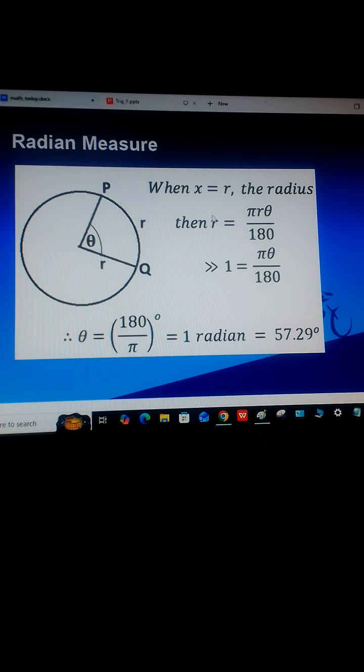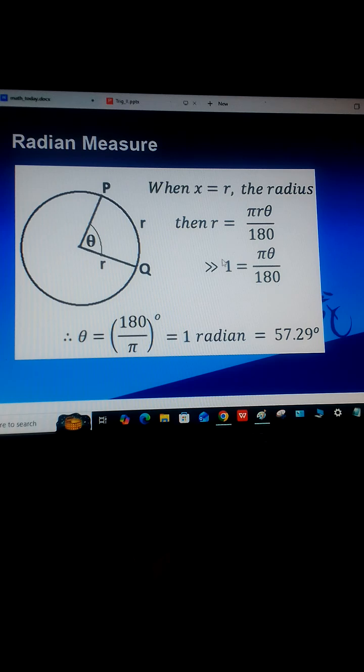Now, if we divide both sides by r, you get 1 is equal to pi r theta divided by 180 times r. You get pi theta over 180.